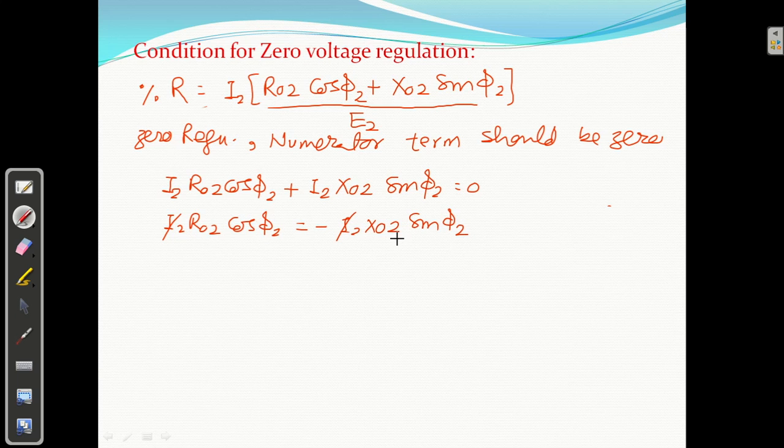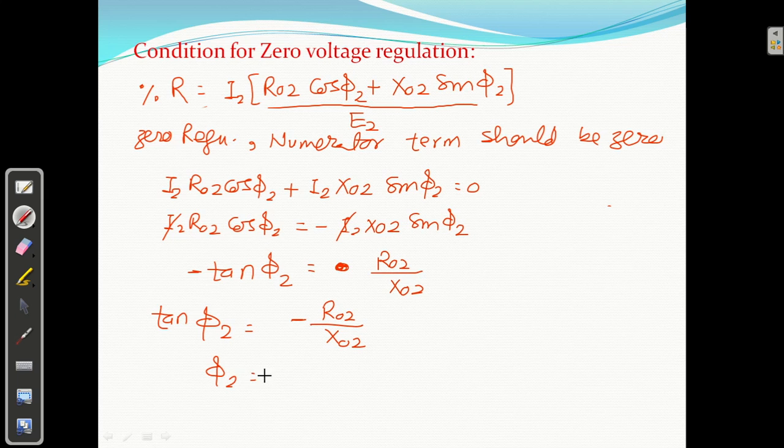So sin upon cos, that is tan phi 2, equal to minus R02 upon X02. This term comes to this side, so you will get tan phi 2 equal to minus R02 upon X02.